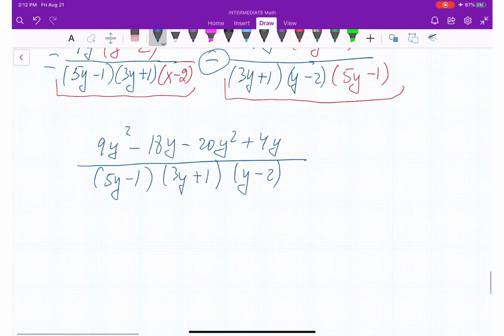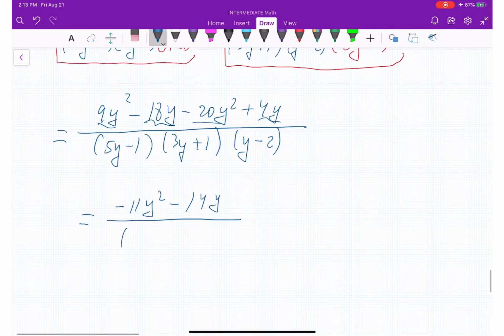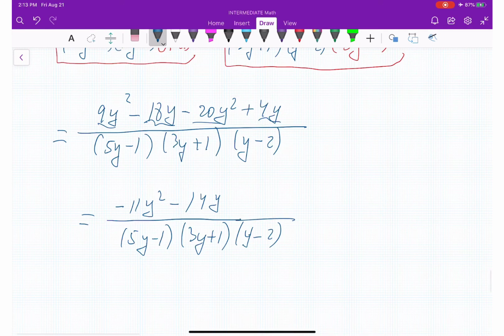Okay, and the answer we get: 9y squared minus 20y squared is going to be negative 11y squared, negative 18y plus 4y is going to be negative 14y, and we get 5y minus 1, 3y plus 1, and y minus 2. So this is going to be the answer.